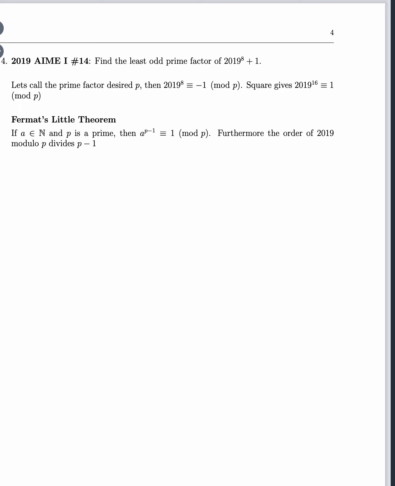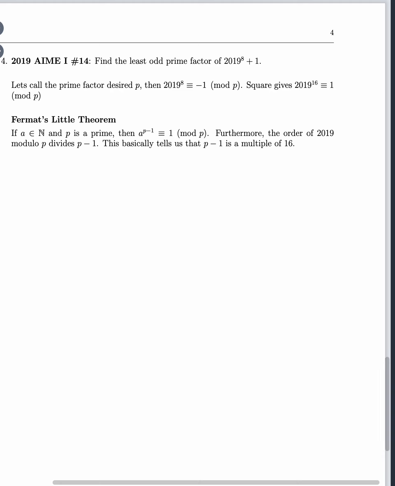Okay, so now what do we do about that? This basically tells us that p minus 1 is a multiple of 16. So basically, p is equal to 1 mod 16.